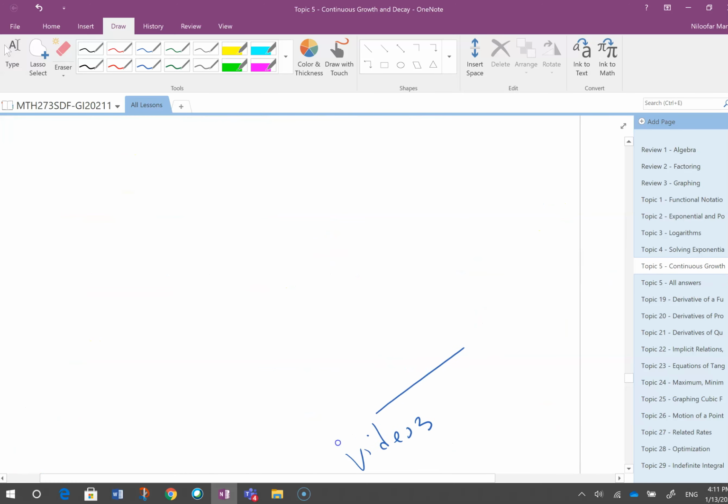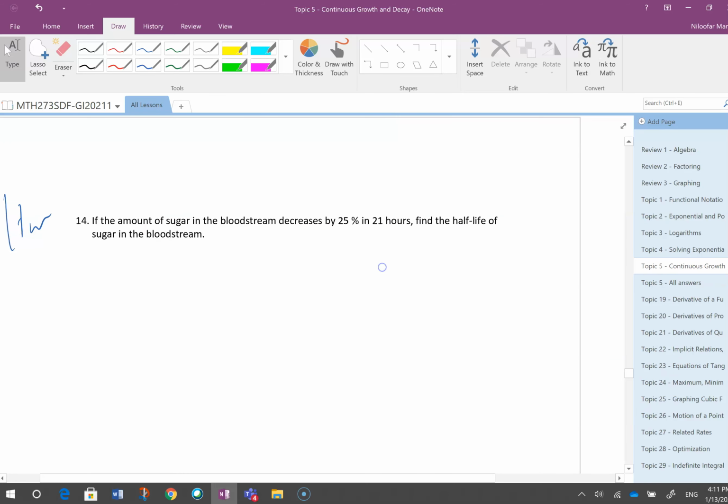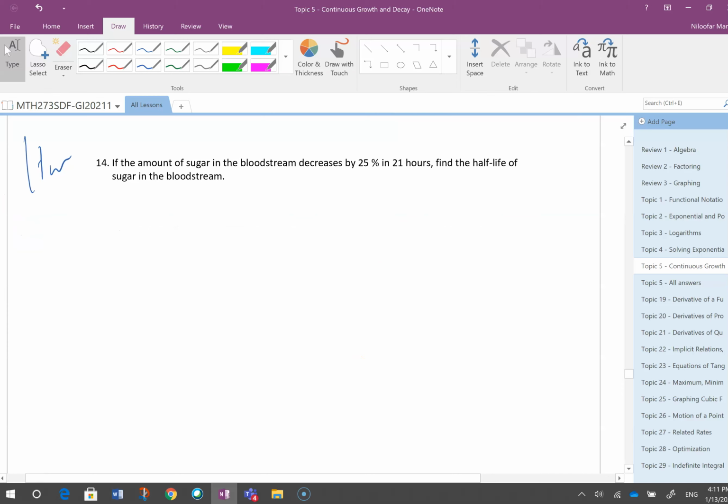This one I talked about. This one, if the amount of sugar in the bloodstream decreases by 25%, so 25% is gone, 75% remains. Okay, 75%.